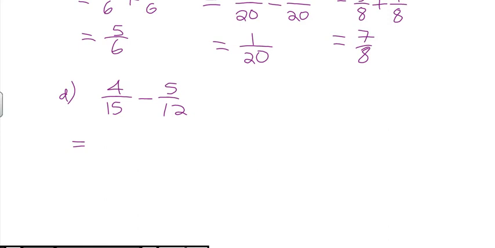So how'd you get 60? Start taking multiples of 15, right? So 15, 12 doesn't go into it. 30, 12 doesn't go into it. 45, 12 doesn't go into it. 60, 12 does go into it. Okay, what's another way? Think about a factor tree, right? 15 is 3 times 5. Okay, that's it. 12 is 4 times 3, which is 2 times 2 times 3. Just circle the primes.